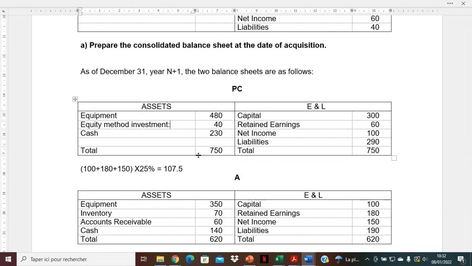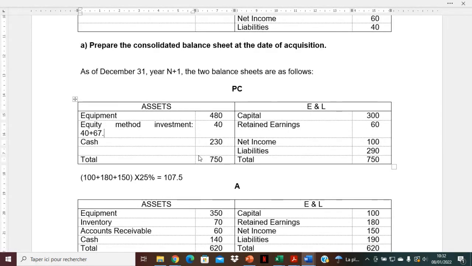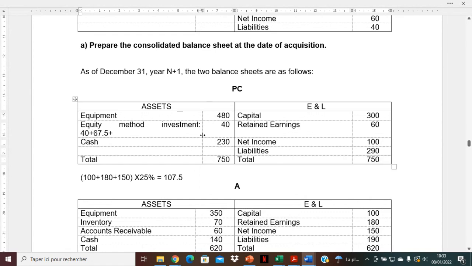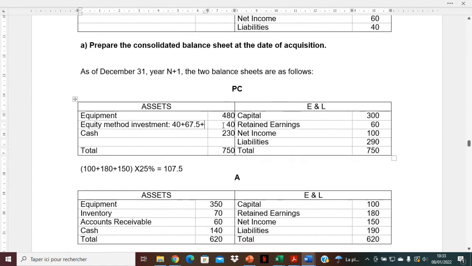Okay, since right now my book value is 40, that means I need to add a total of 67.5 in order to get to the higher amount, which is my target, 107.5.